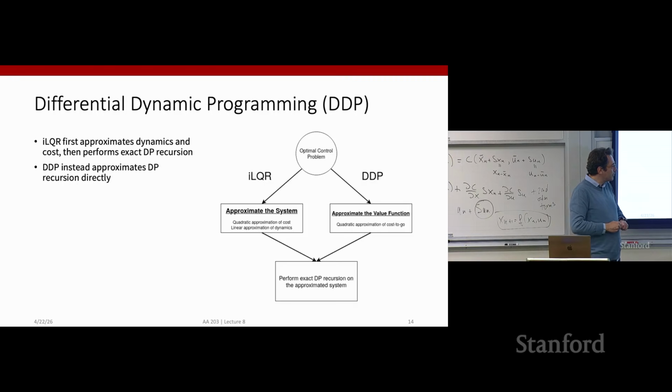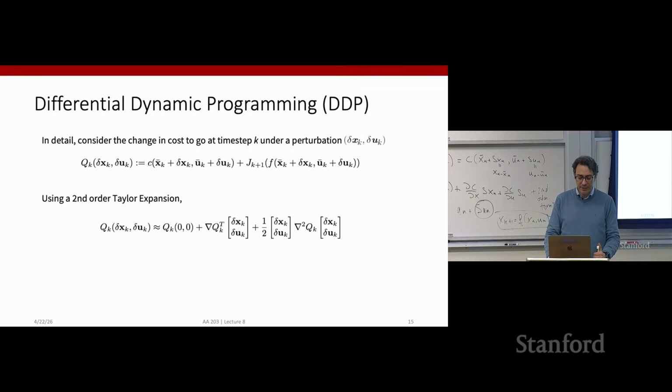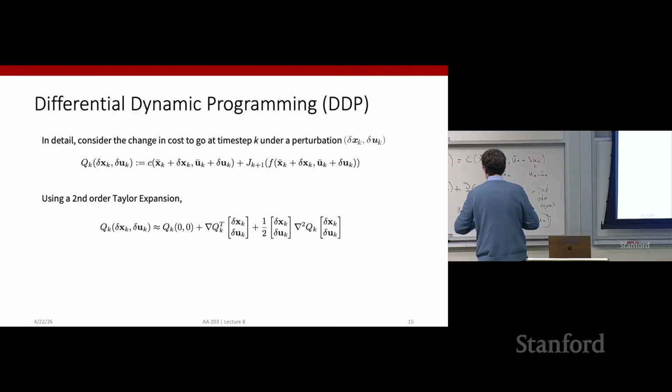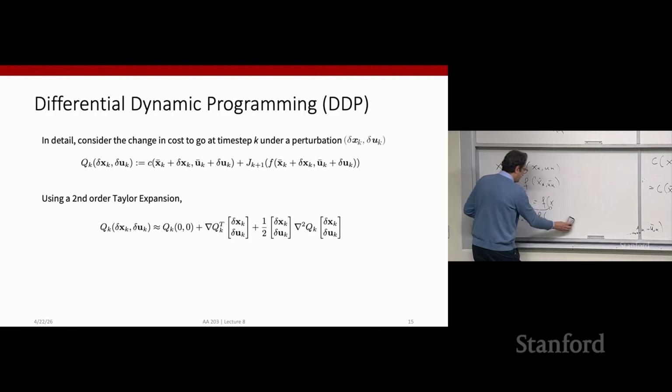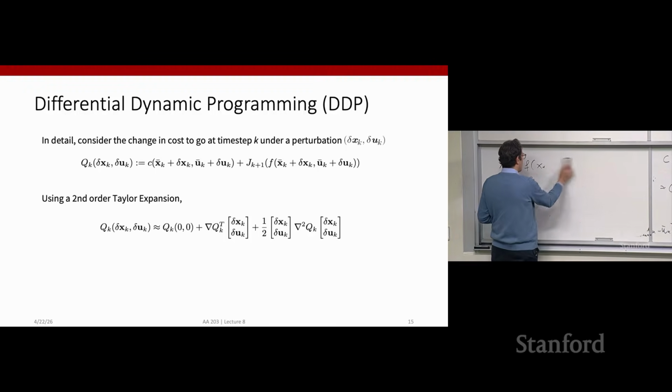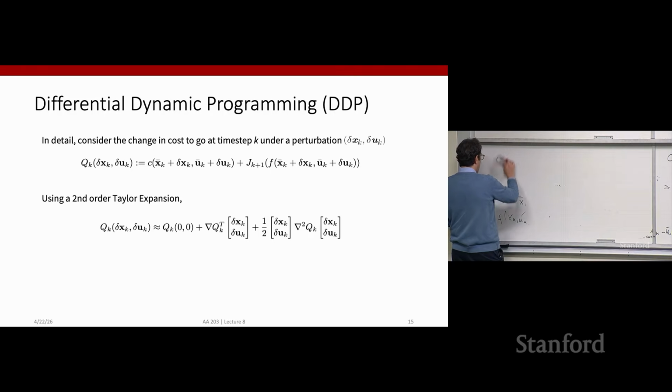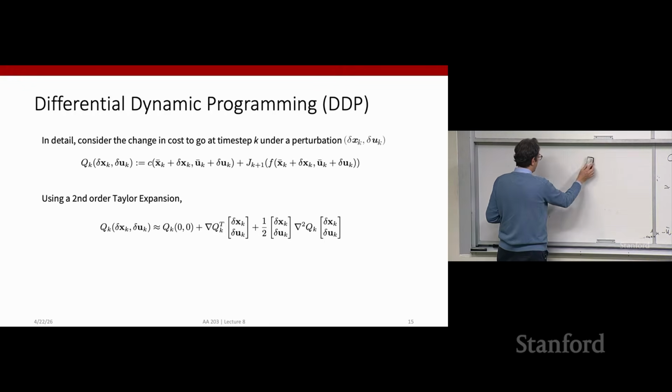In differential dynamic programming, what you do is approximate directly the Bellman equation. So in LQR, you approximate your problem, and then you run dynamic programming exactly.